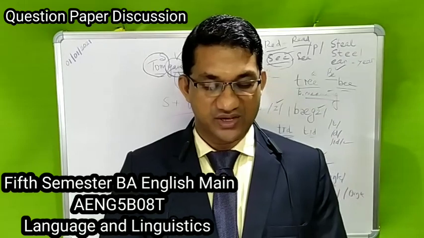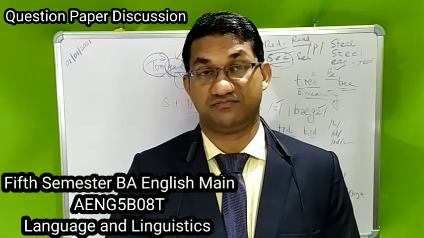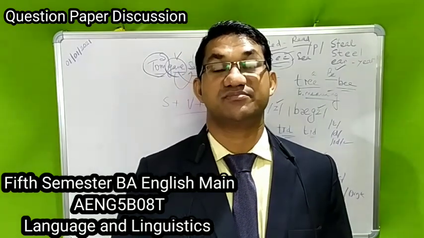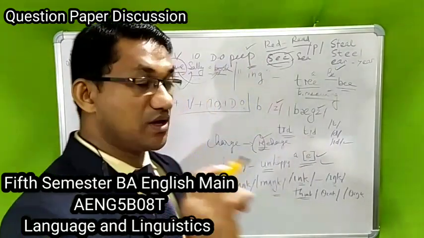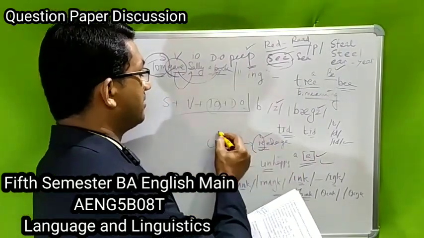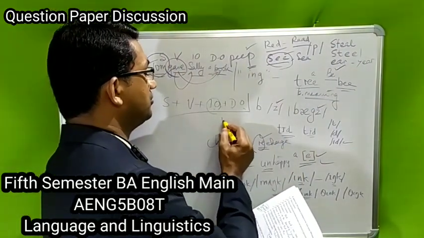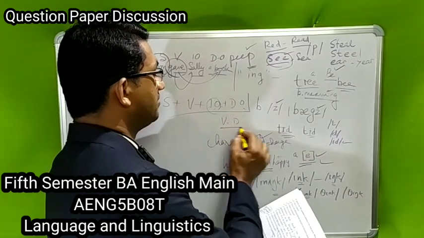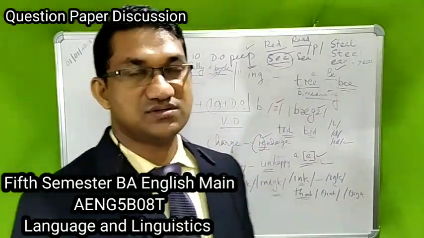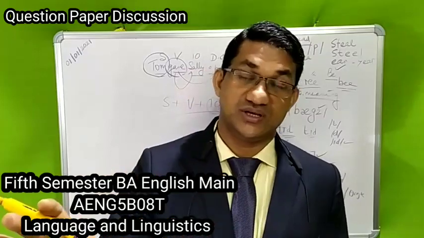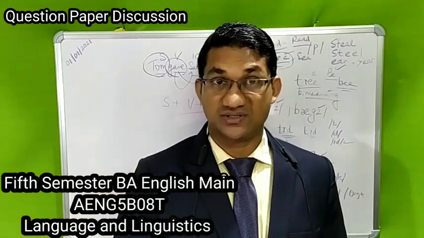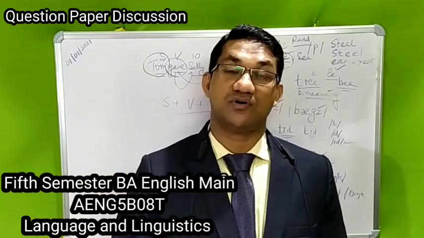Now, classification and description of vowels in English. You have to have the vowel diagram. Then cardinal vowels. Then the 20 vowels, 12 pure vowels, diphthongs.